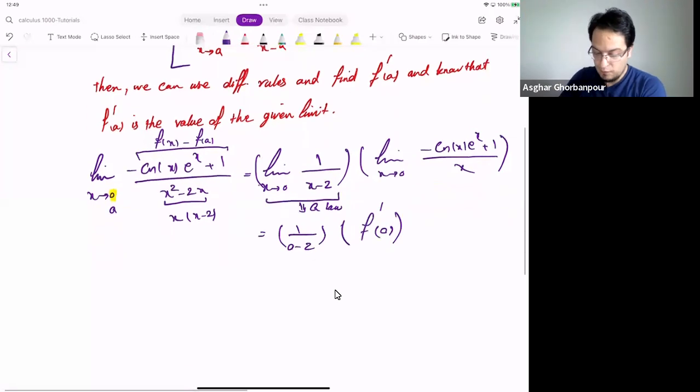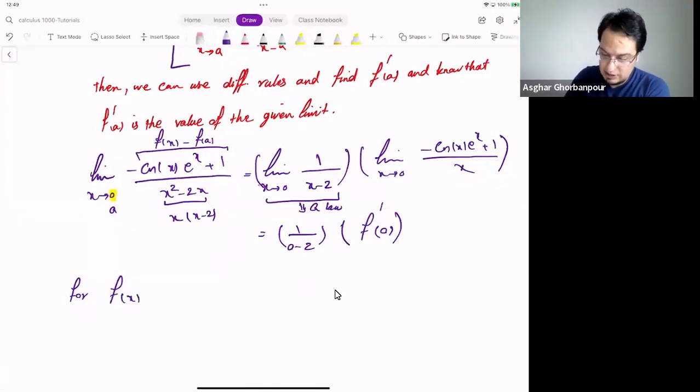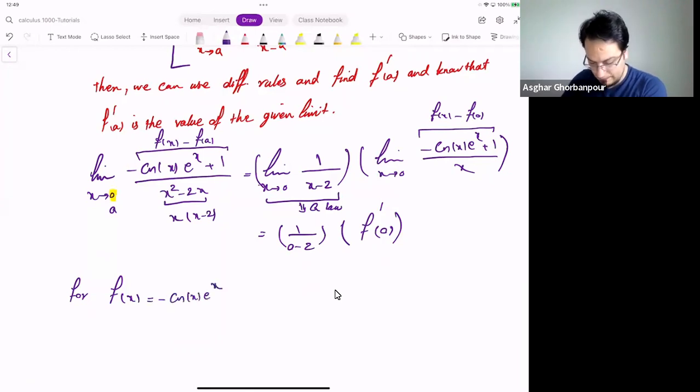So I have to define f such that this here is f at x minus f at 0. There is more than one way to do this. I can assume that the function is minus cosine x e to the power x.